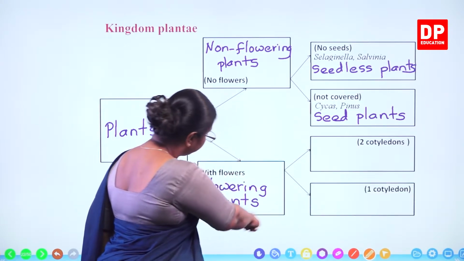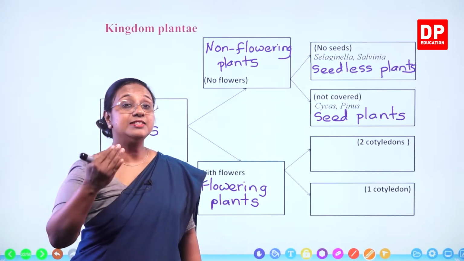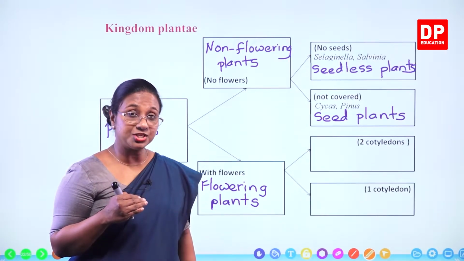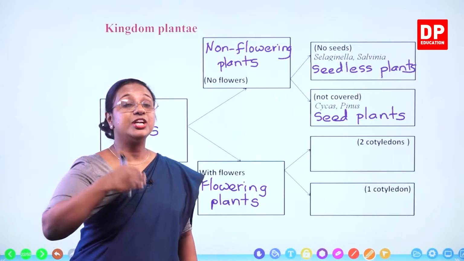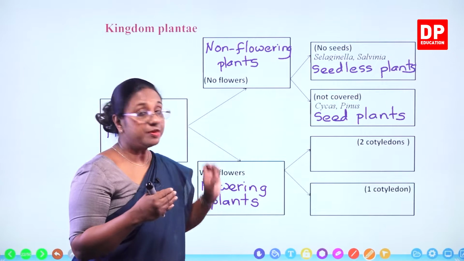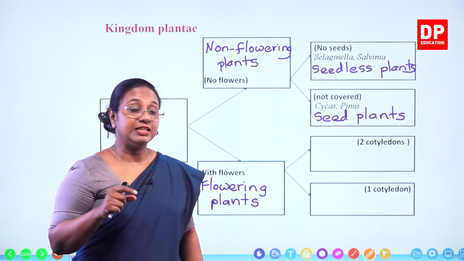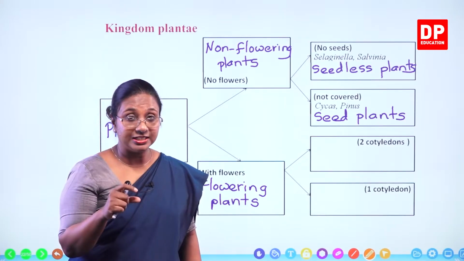Then we have the flowering plants. So as I said, flowering plants, the flowers are there, the sexual reproductive structures. After fertilization, the flowers produce fruits. So there, from the fruits and seeds, the new plants grow. So in the seed, there is the structure cotyledon.